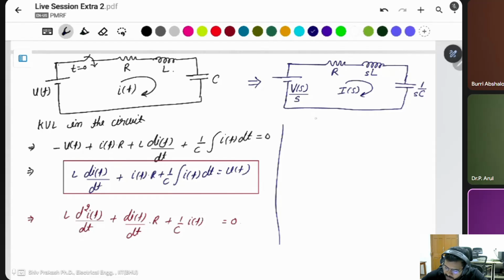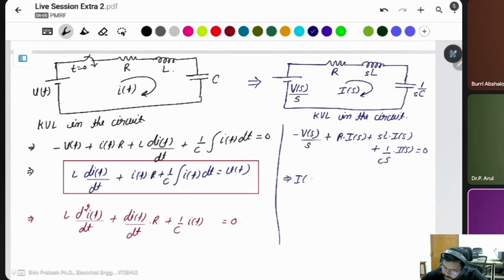In this case, if you use KVL, same: V(s) by s plus R into I(s) plus sL into I(s) plus 1 by Cs into I(s) is equal to 0.